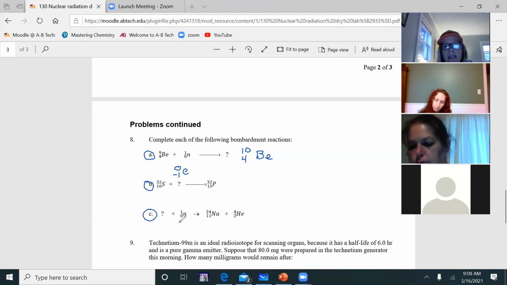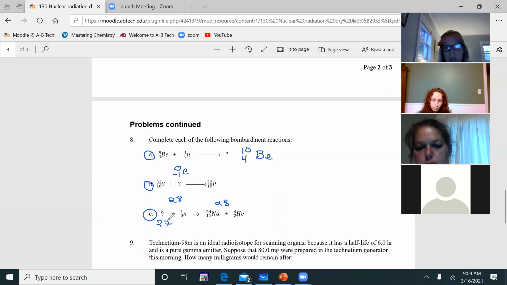All right, something big and clunky is smashed by a neutron and we get these two things. So we've got to figure out what that is. Well, 24 and 4 gives me 28. This also has to be 28, but one of them is being consumed by a neutron. So our mystery element has a value of 27 on the top.